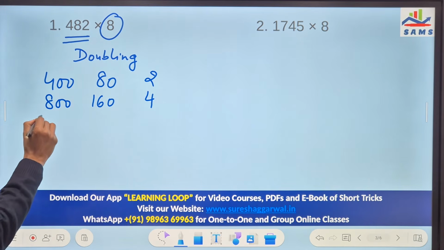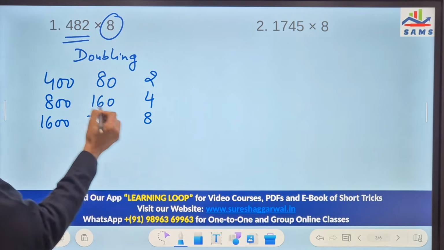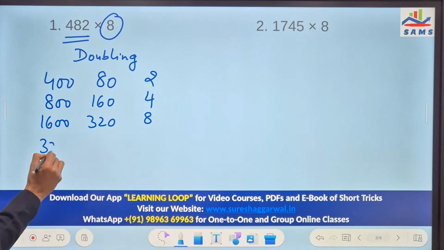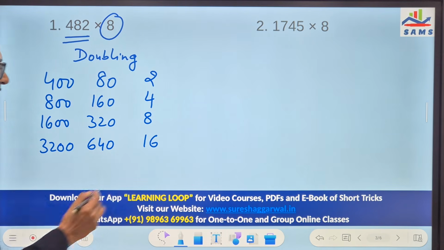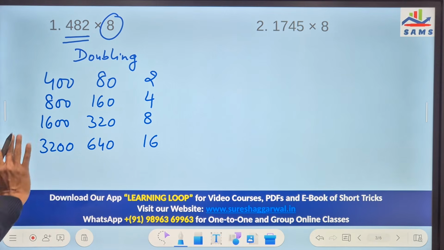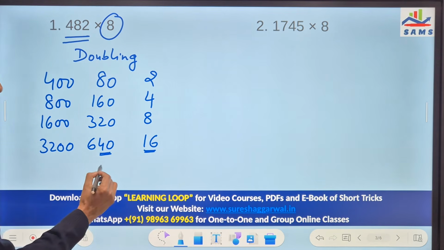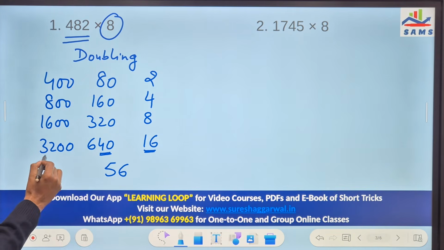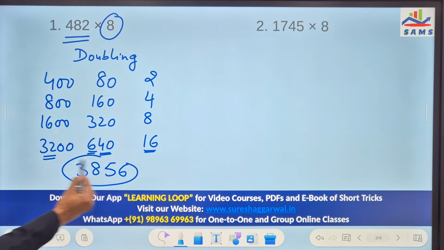Double another time: 1600, 320 and 8. Double another time: 3200, 640 and 16. Now we need to be really quick and really good in our mental math skills. 40 plus 16 is 56, and then 3200 plus 600 is 3800. So the product 3856 is the required product.